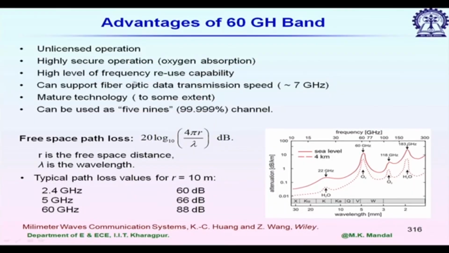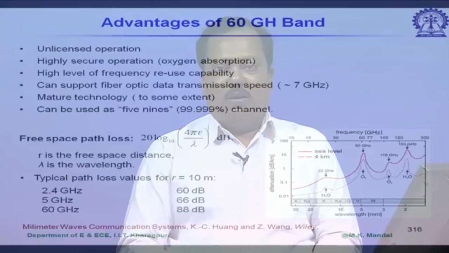Then there is a high level of frequency reuse capability. We can decrease the size of the picocell and utilize the same frequency band over and over. It can support fiber optic data transmission speed, as the whole 7 gigahertz is available, so we can utilize almost the whole band. That is why it is sometimes called a 5 nines channel. You might know the 2G spectrum distribution, 3G spectrum distribution.